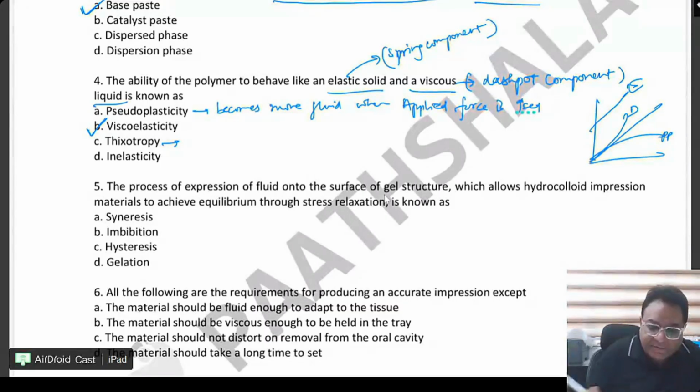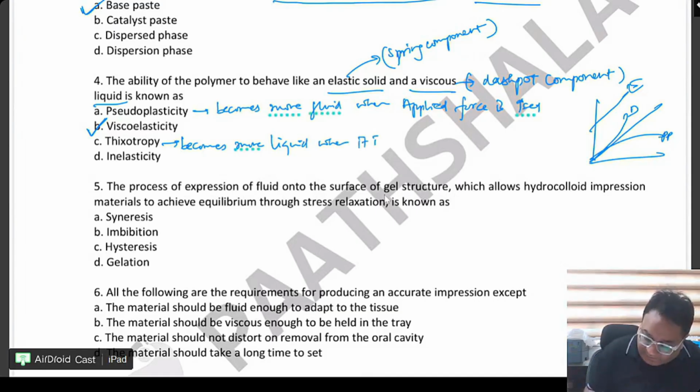Thixotropic is the one which becomes more liquid when it is stirred, or more solid.